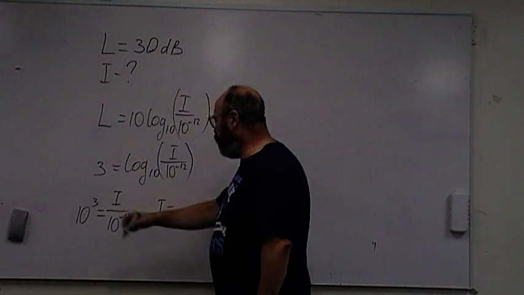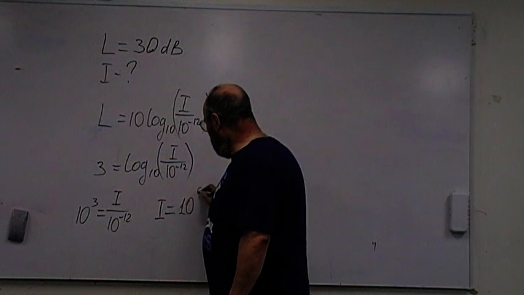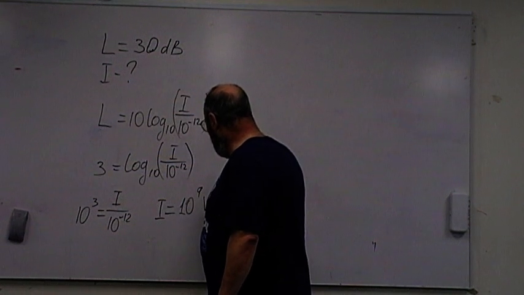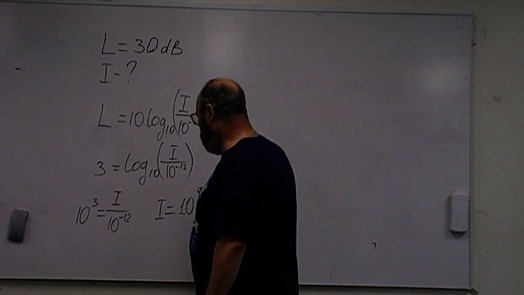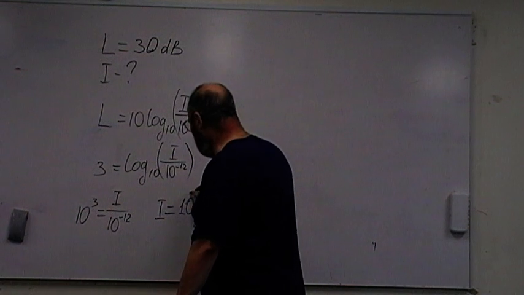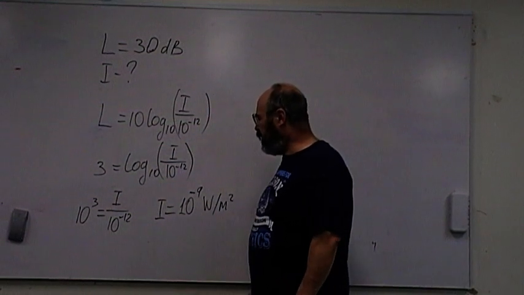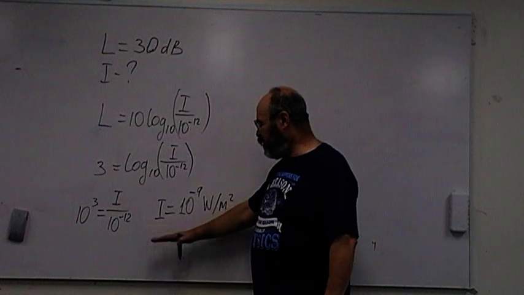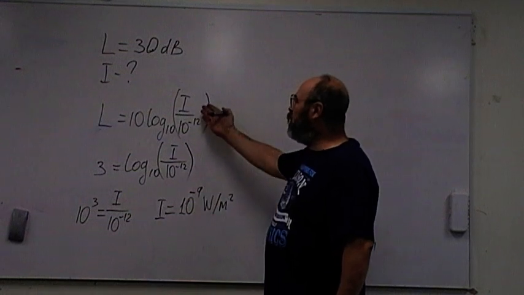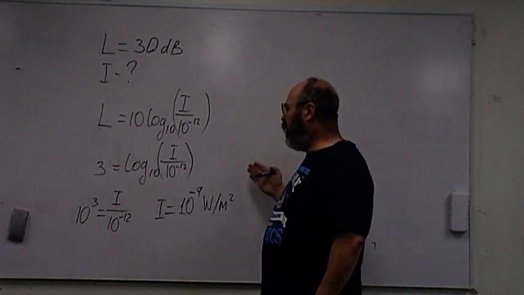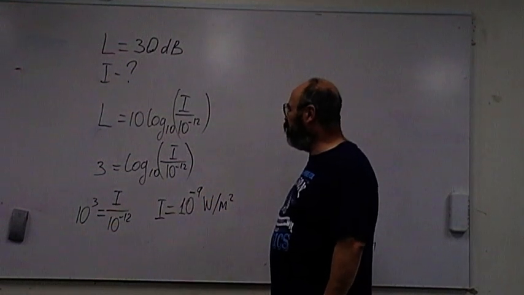Multiply both sides by 10 negative 12, and I will be equal 10 to the power of negative 9 watts per meter squared. That is the sound intensity. So if we know the sound intensity level, we can walk backwards and find the sound intensity.